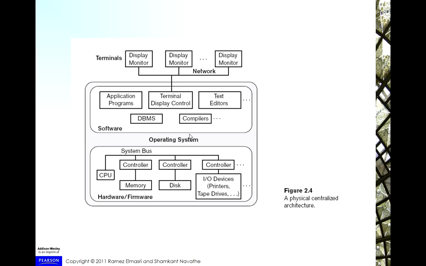This is hardware or firmware on which we have installed the operating system, and in the operating system we install the database. You look at it as three levels or three layers.